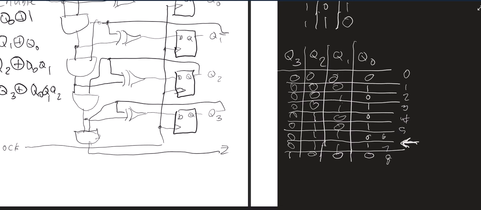And so let's talk a little bit about it. If you look at the way the binary numbers work, you don't want to change the higher digit until all the digits before it are 1.